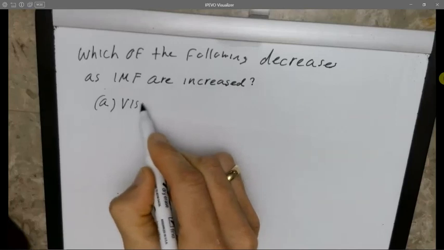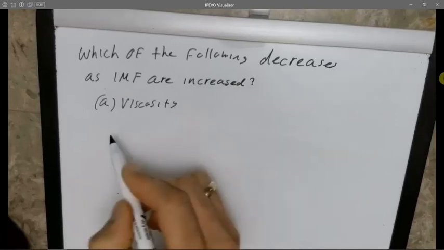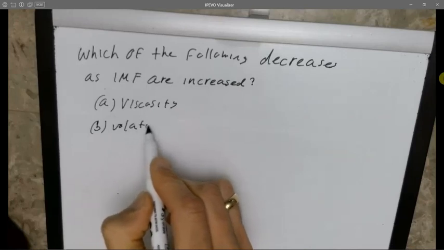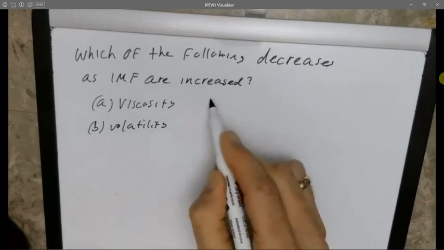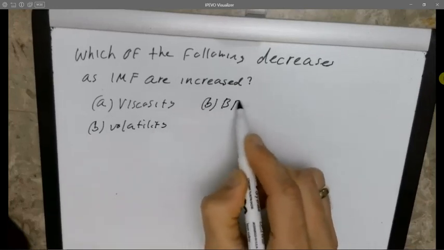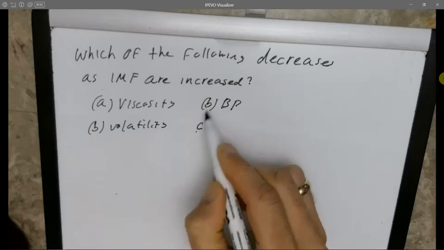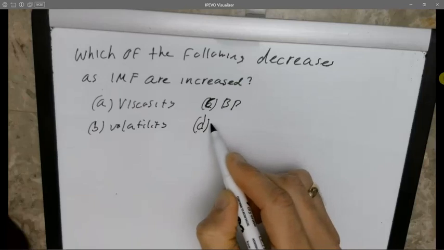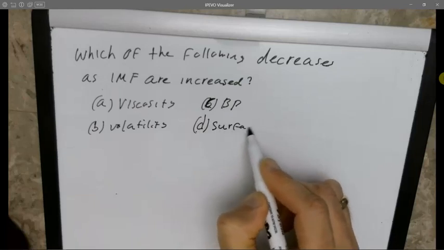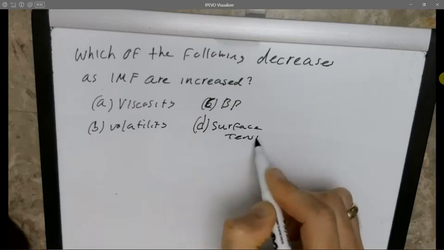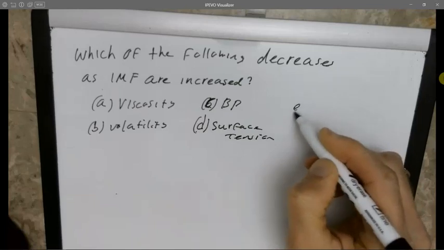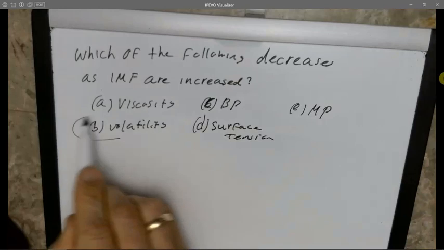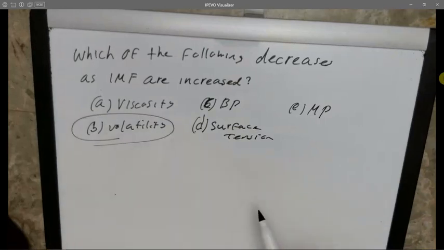So we have viscosity, volatility, the boiling point. Oops, I made this D. It's going to be surface tension. And E is going to be the melting point. Okay, so the answer is going to be volatility. Everything else increases with intermolecular forces.